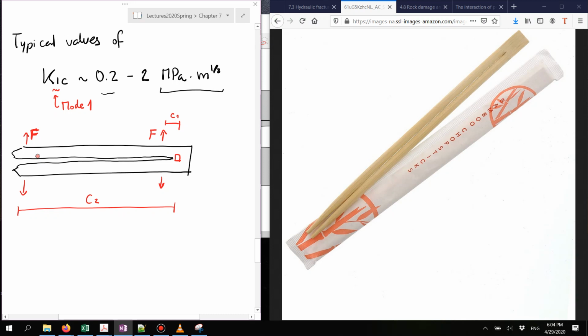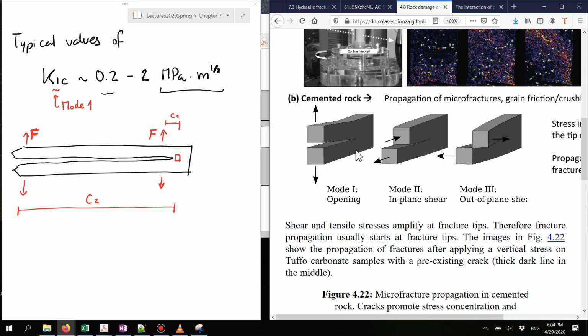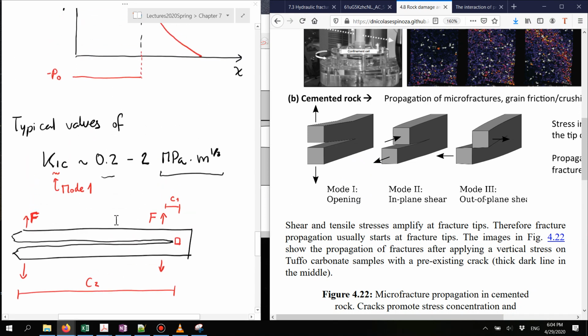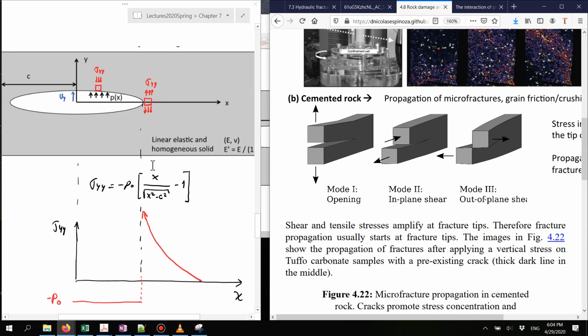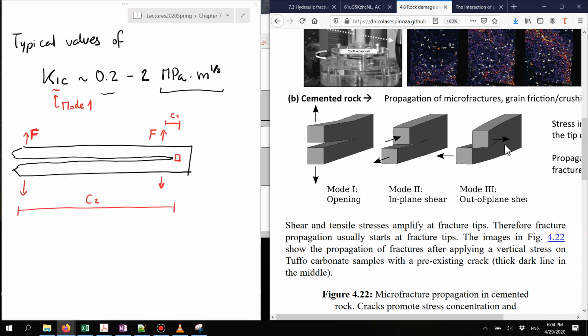I hope that you remember from our previous lectures that we had three types of fracture propagation modes in solids. Mode 1, the one that we are discussing now, will be applicable for this particular problem. But sometimes also we have mode 2 and mode 3. And those two types of fracture propagation might also happen in hydraulic fracturing.